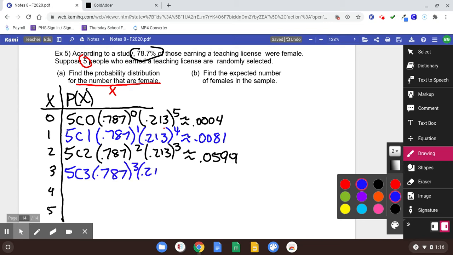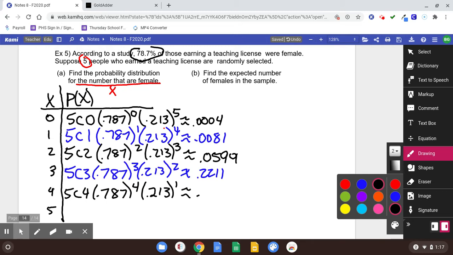3 females, 2 non-females. Four females and 1 non-female. Five females and 0 non-females.